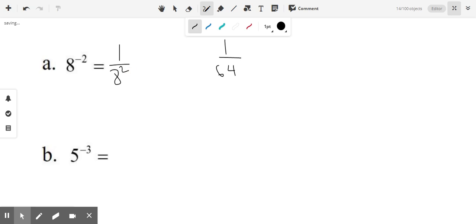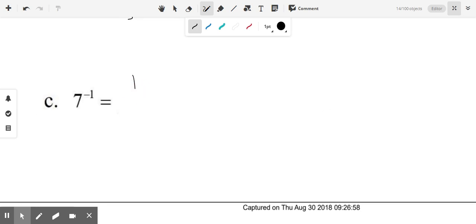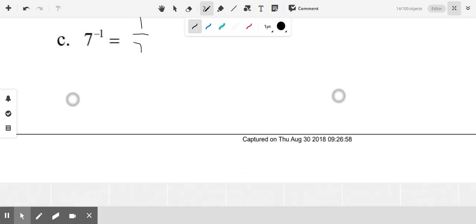So that'd be 1 over 8 squared, and we know 8 times 8 is 64, and that's where they get the 64. 5 to the negative 3 is going to be 1 over 5 to the 3rd, which is 1 over 125. But once again, if you have all numbers with no variables, you can just punch it in your calculator, and it's going to tell you the answer. Okay? 7 to the negative 1 would be 1 over 7. Remember, if there's no exponent listed, it is understood to be 1.